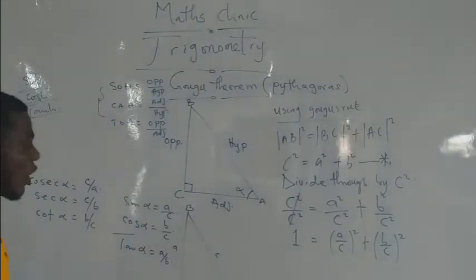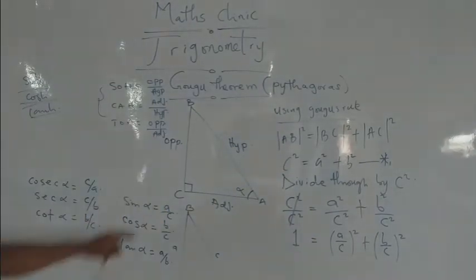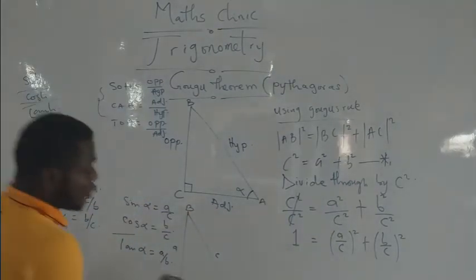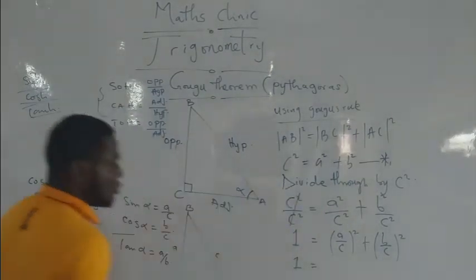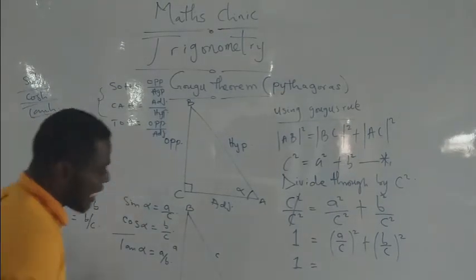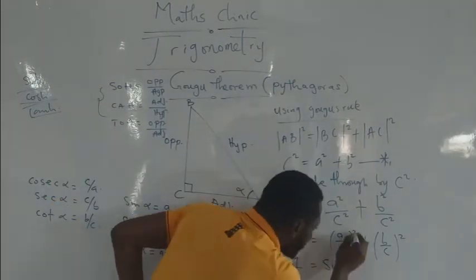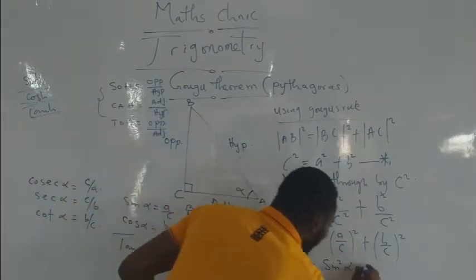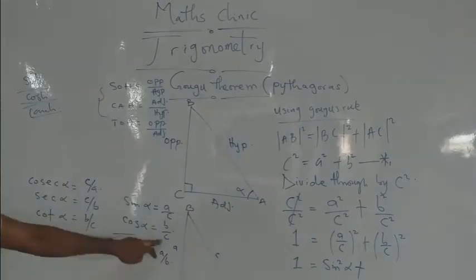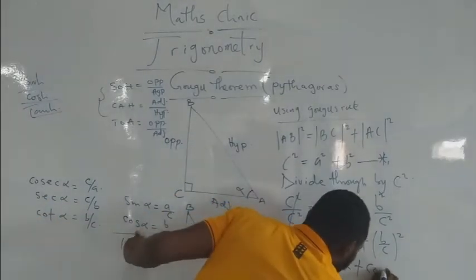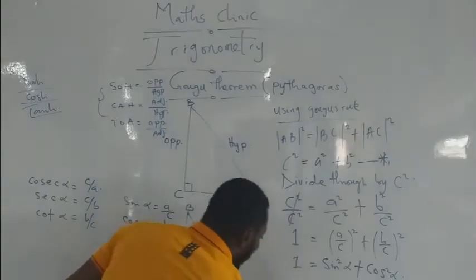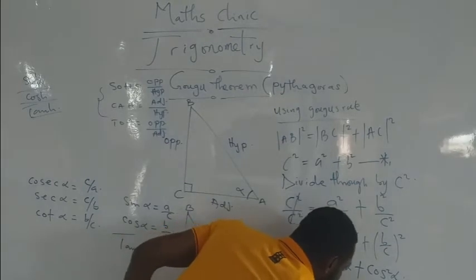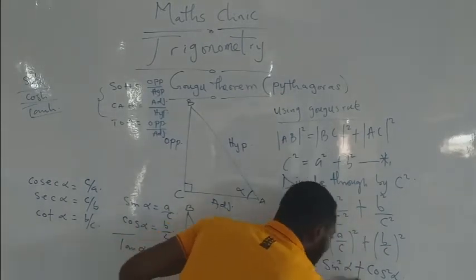Recall that A over C is sine alpha, and B over C is cos alpha. So therefore, sine square alpha plus cos square alpha equals 1. This is the first identity.